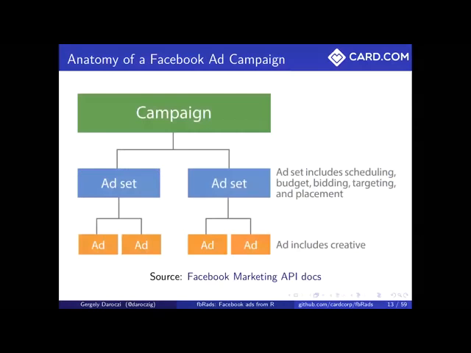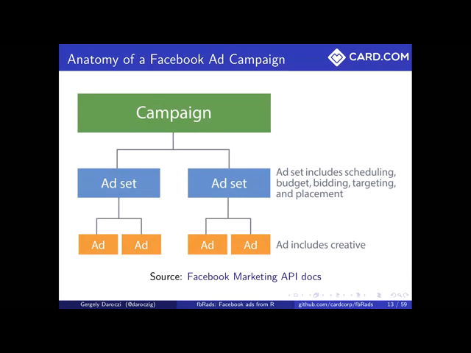Okay, the last slide about the theoretical stuff that we need before we go to the actual R code. Here you can see the structure of Facebook ad campaigns. We have 3 different levels. The top one, the campaign, is kind of a placeholder. You just give a name to your campaign. Then we have different ad sets within a campaign where you define the budget, the bidding, the optimization of your ads and placement.